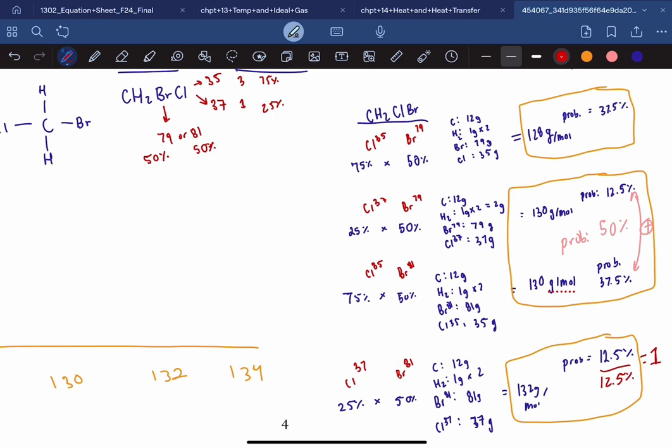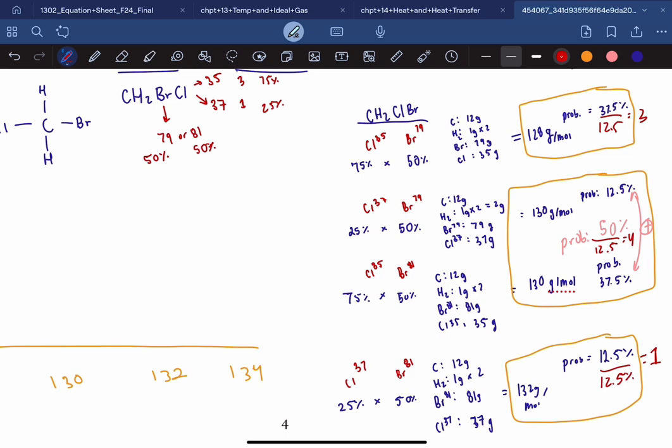So divide that by that, you'll get 1. Divide 50 by the smallest number, which is 12.5, you'll get 4. And divide this by 12.5 and you'll get 3. So the ratio is 1 to 4 to 3 of these masses, because you want them in whole numbers so you can make your peak in whole numbers. I don't know if you write the percentages over the peak, if you'll accept that.